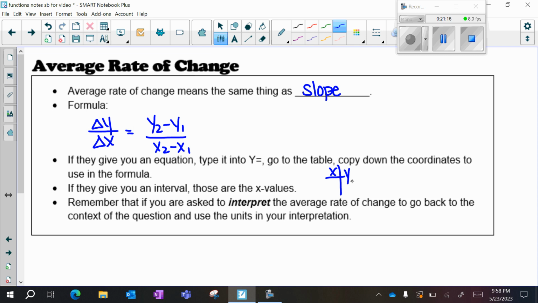If they give you an interval, it is x values that they are giving you. For example, find the average rate of change on the interval -3 to 5, those are the x values that I'm looking for. I'm looking for the corresponding y values in my calculator, and then I'm plugging into the formula.